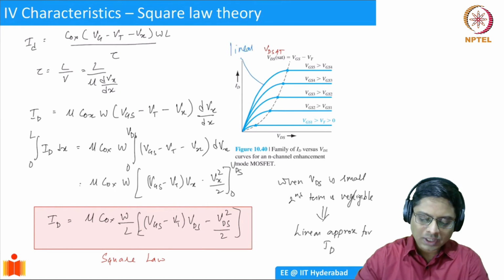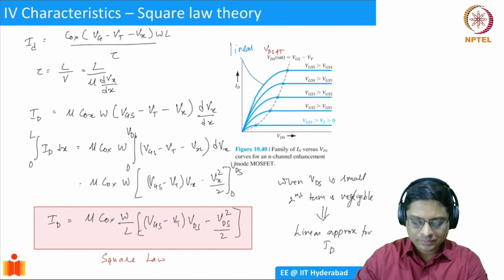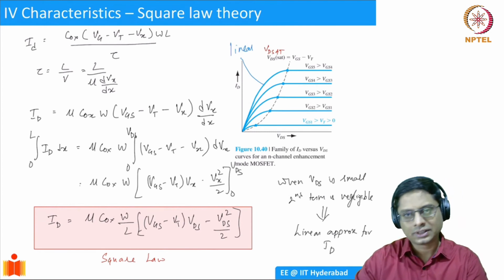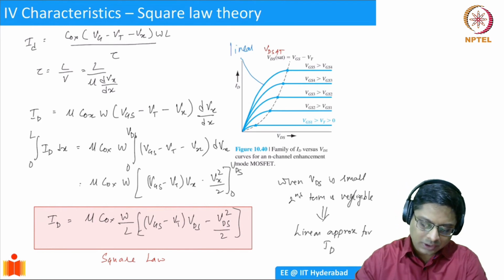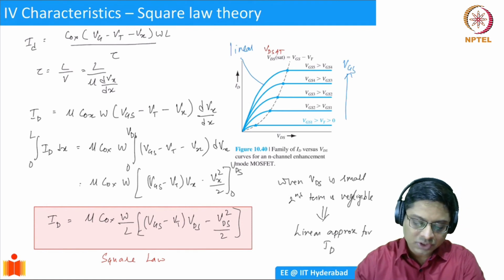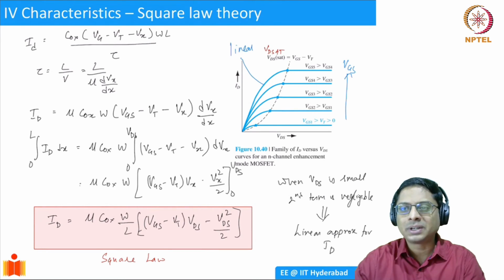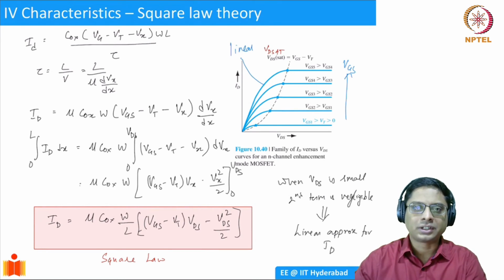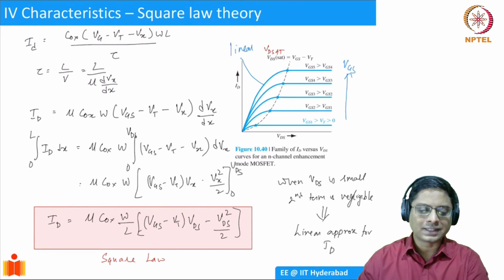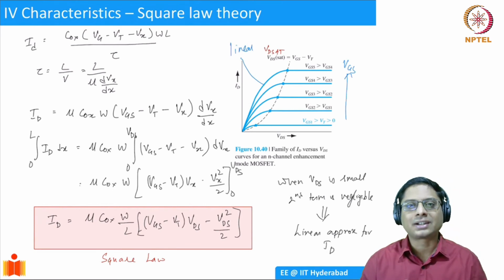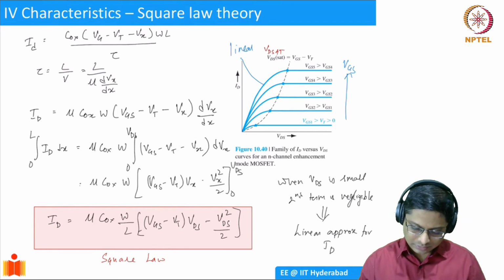As you go to larger and larger drain voltages, you get saturation, and then the current remains flat. It doesn't change. And if you use a larger gate voltage, the current increases. As VGS increases, current increases. This picture is not quite accurate. This is simply a qualitative picture. We'll have to correct it. I'll show you the exact drain current calculated for a 0.25 micron technology in a moment. So this is the square law.